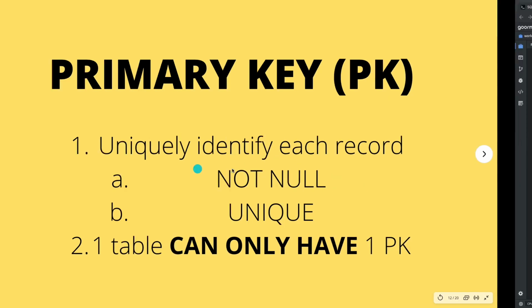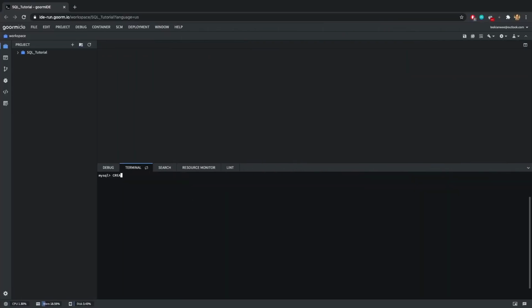So to get into practice, let's create a brand new table called test3. In this test3, we have ID, which is a primary key. So it's an integer and it's a primary key. So we key in primary key.